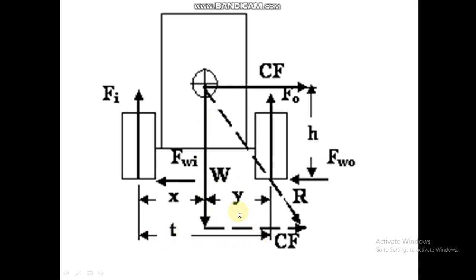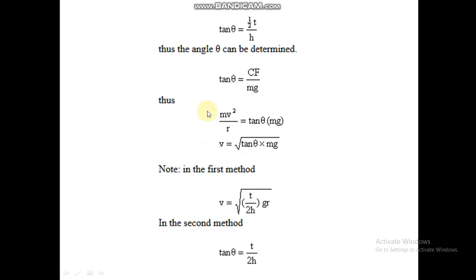So tan theta can be represented as half of t divided by h. So we have written the formula for tan theta. The angle theta can be determined from this equation: tan theta is equal to half of t upon h.